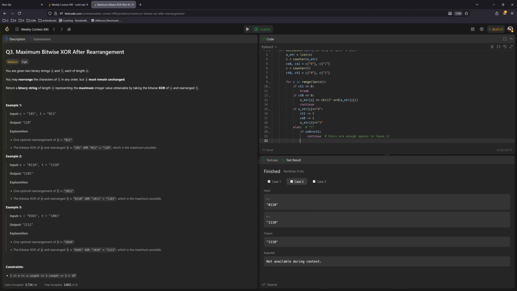Is this the entirety of what we need to do? If CS of 0 is greater than or equal to CT of 1. So what is the opposite? This is CS of 0 is less than CT of 1.